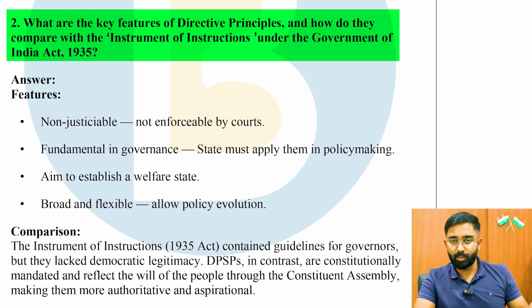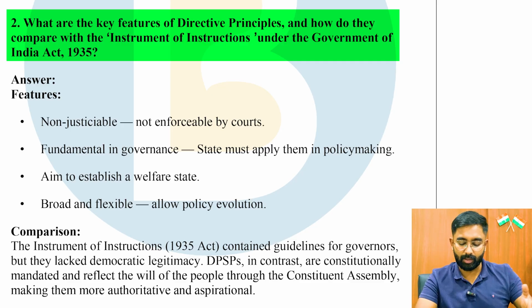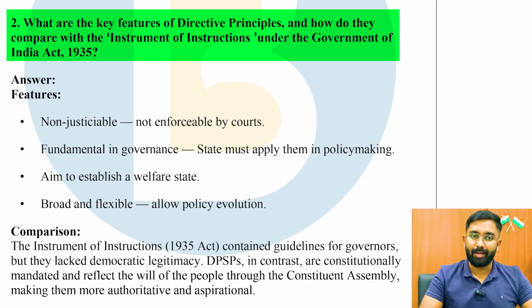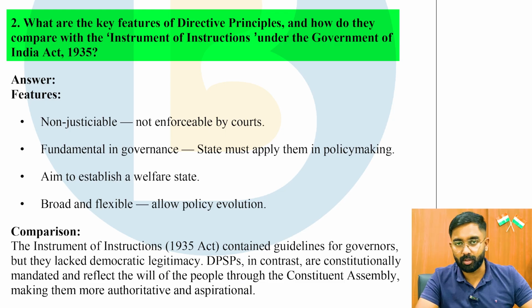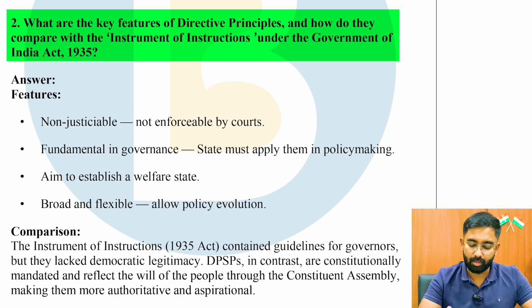Likewise, the comparison we have to draw from the instrument of instructions to the DPSPs is that DPSPs contrarily don't give directions to the bureaucrats or the executive, but they are constitutionally mandated and reflect the will of the people through the Constituent Assembly, making them more authoritative and aspirational. Right? So I hope you understood the difference.